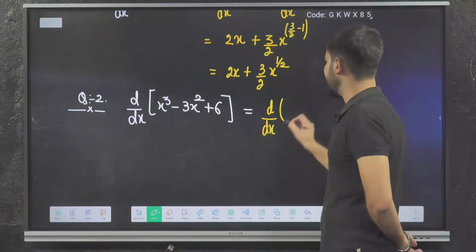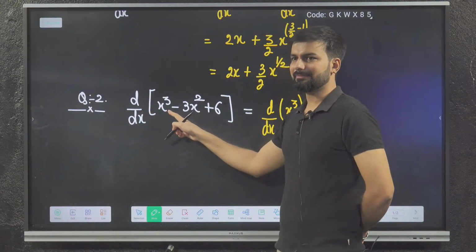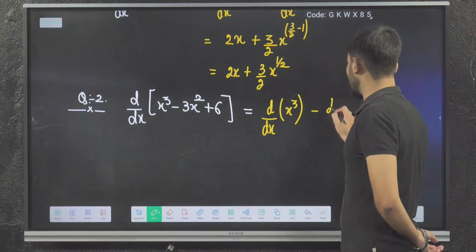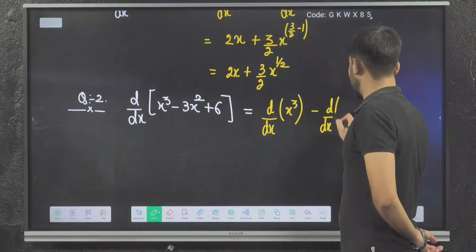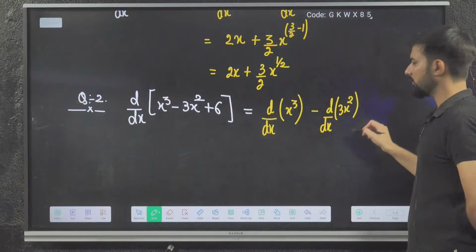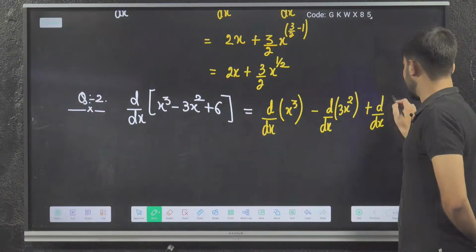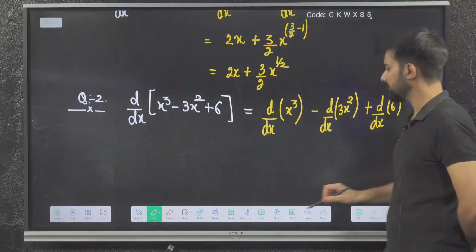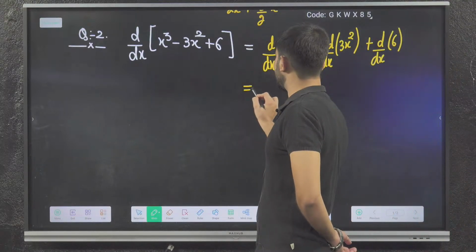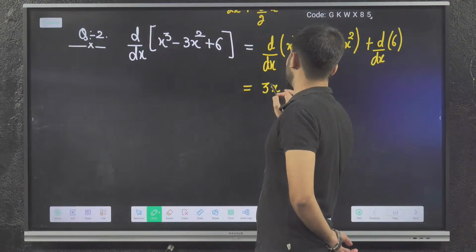So what will happen here? The differential will multiply to x cube, then minus differentiation of whom? 3x square, and then d by dx of whom? 6. So what answer will you get here? What is the differentiation of x cube? Power will come forward, 3, and from power how much do I have to subtract? 1.